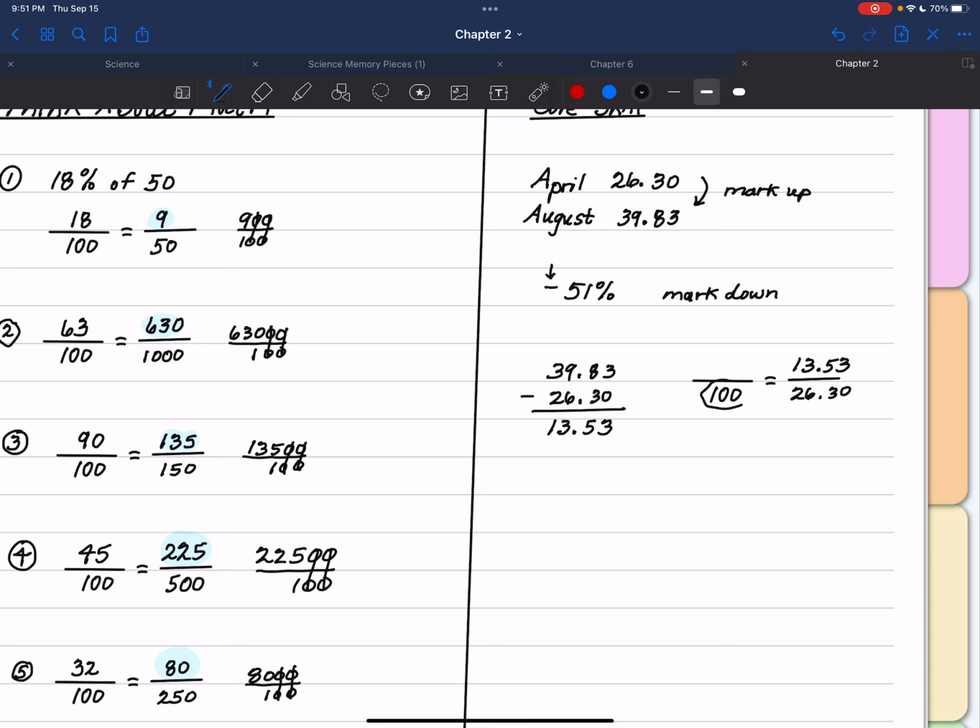And here comes the math. So we'll have 13.53 divided by 26.30, and it is about 51%.